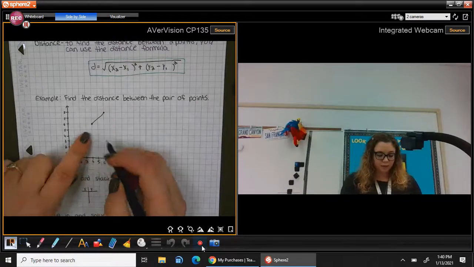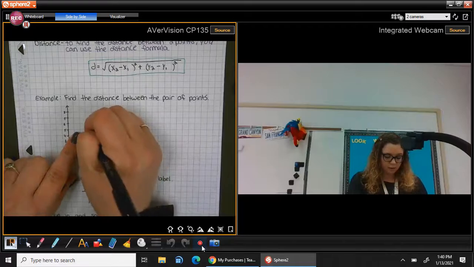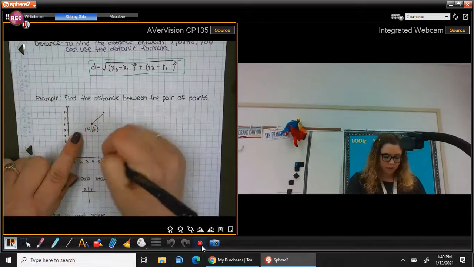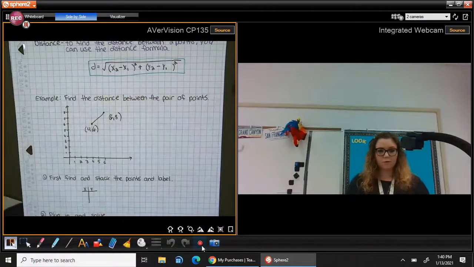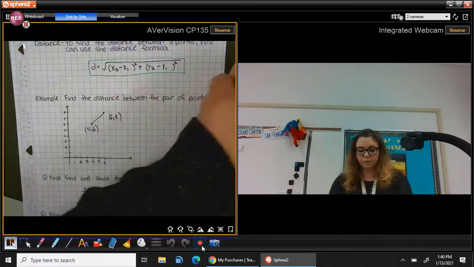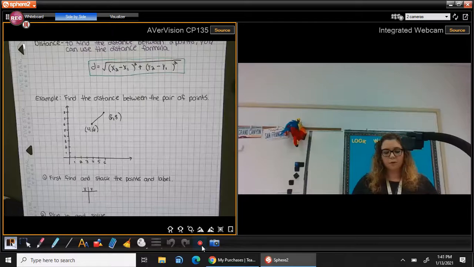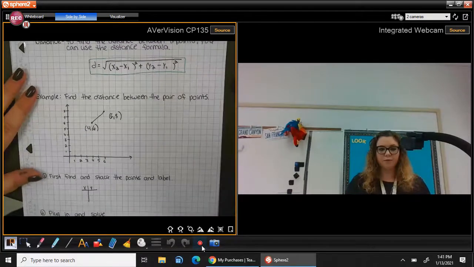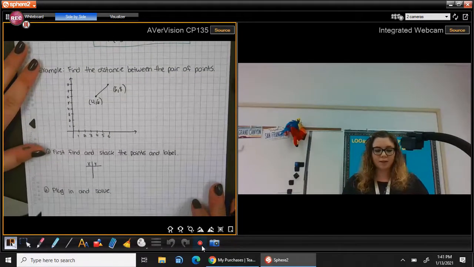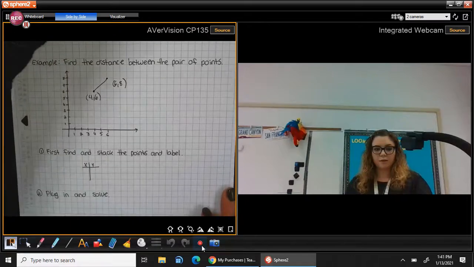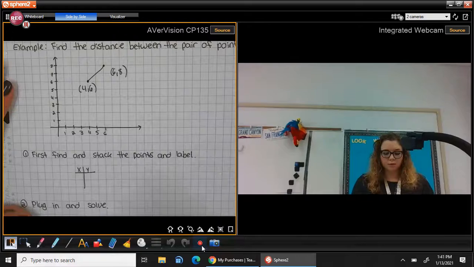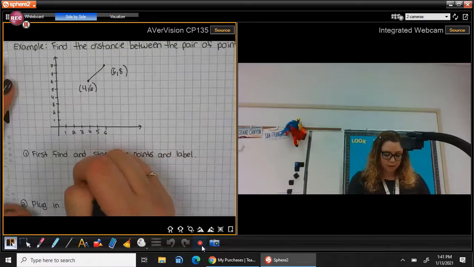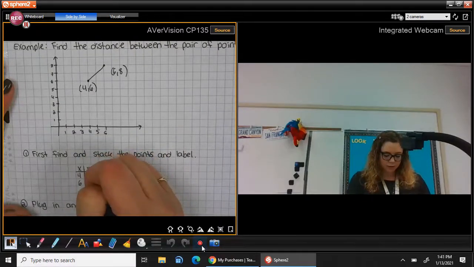So this one is 4, 6, and this one is 6, 8. Then after we have the coordinates, we're going to stack the coordinates. So we're going to take 4, 6, and then 6, 8.